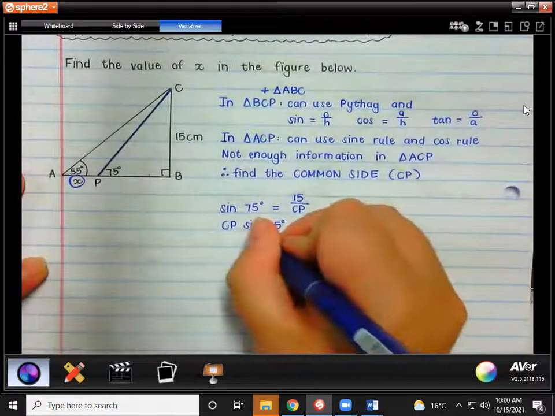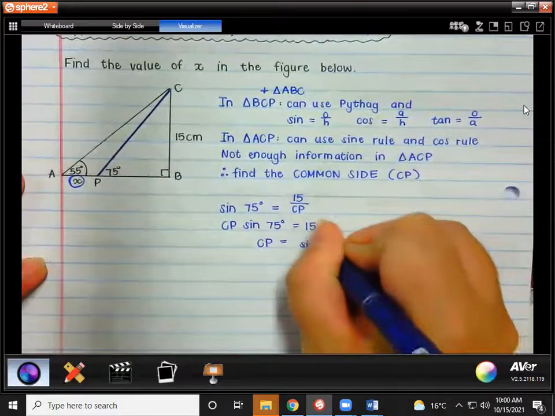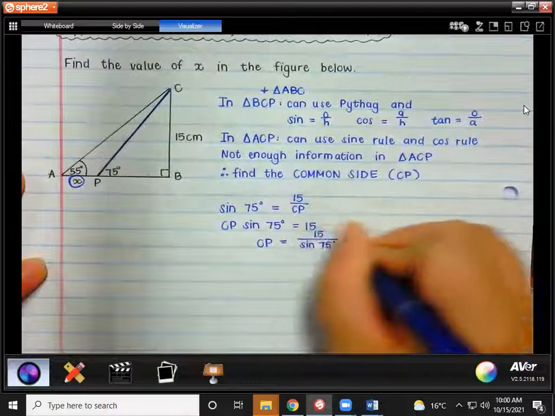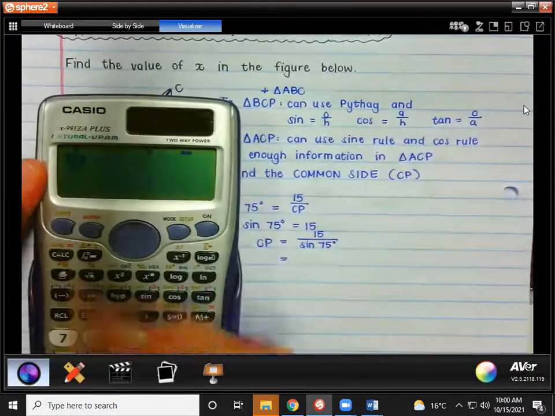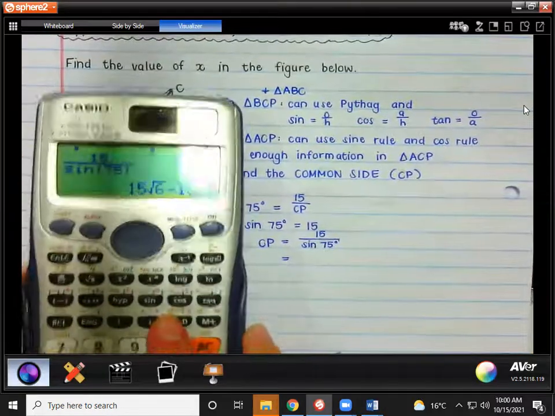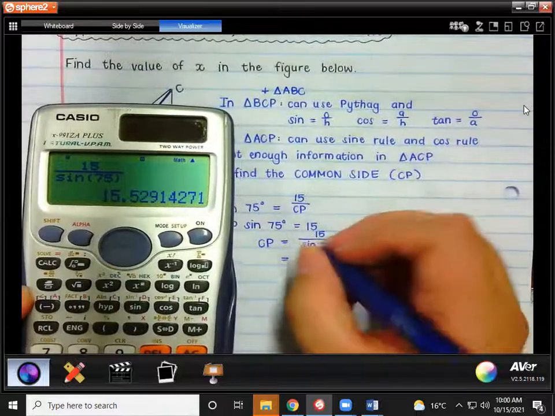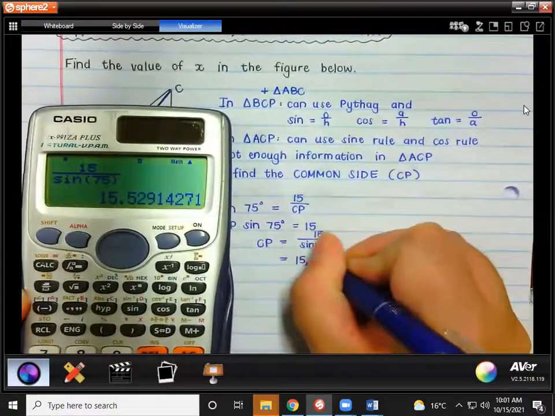So then CP is equal to 15 over sine 75, which is, there we go, 15.53.